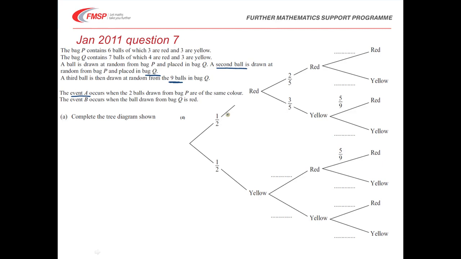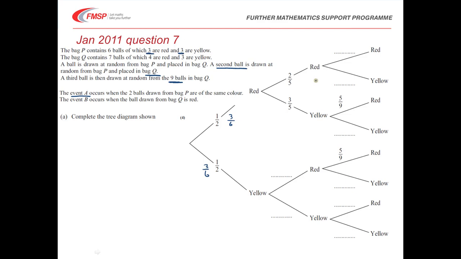So to complete the tree diagram, first thing I would notice is this is really 3/6 and this is really 3/6. Okay. Again, I don't like simplifying fractions. So I know it's 3/6 because I have 3 out of 6 reds and 3 out of 6 yellows. So if I select a red, that gives me 2/5.